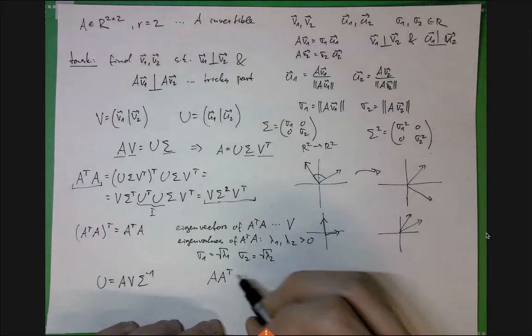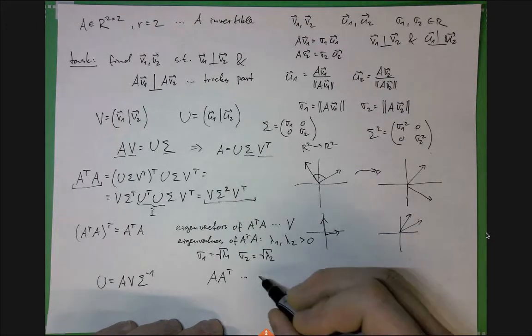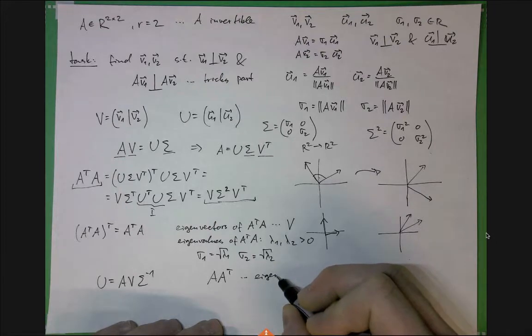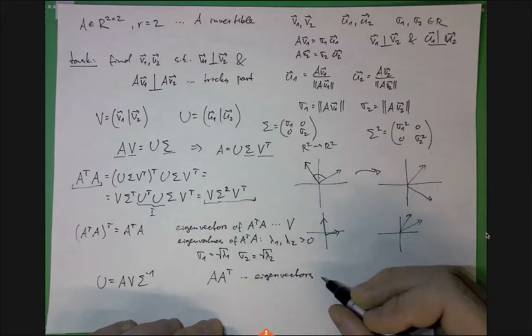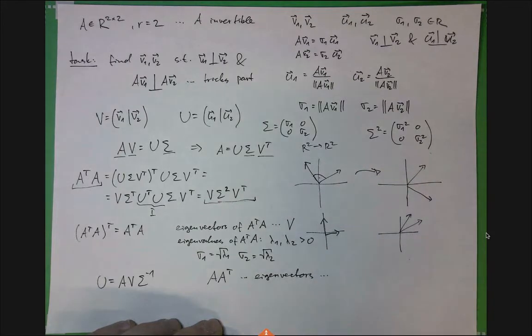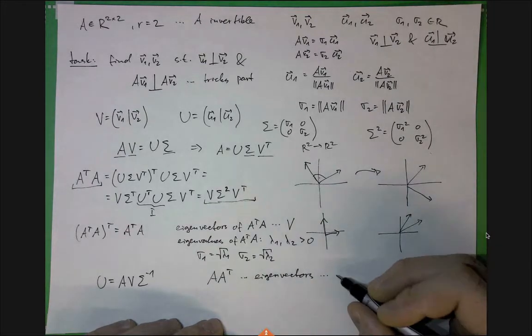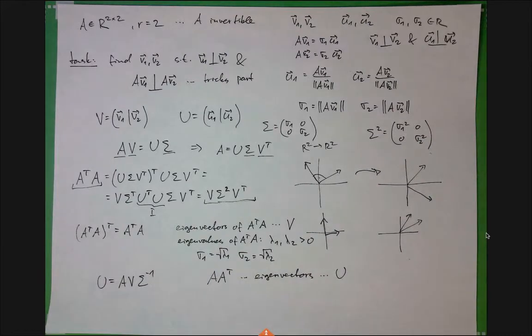And if I take eigenvectors of this matrix, they will exist, they will be real, they will have positive eigenvalues, and they will be orthogonal, so they will form exactly the left singular vectors.